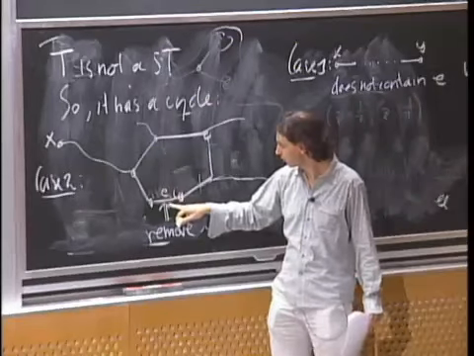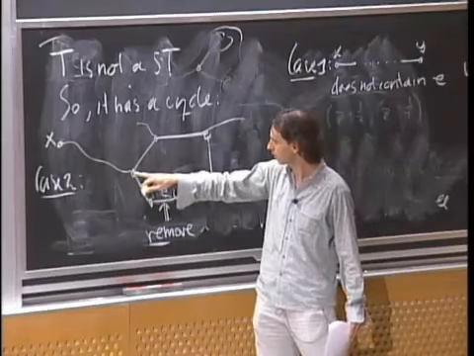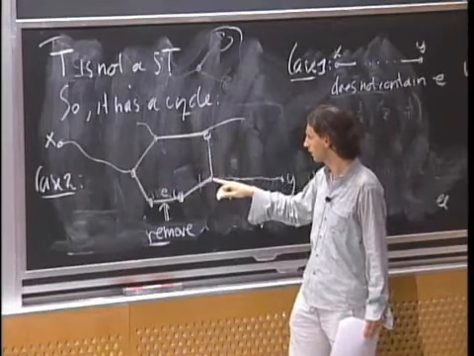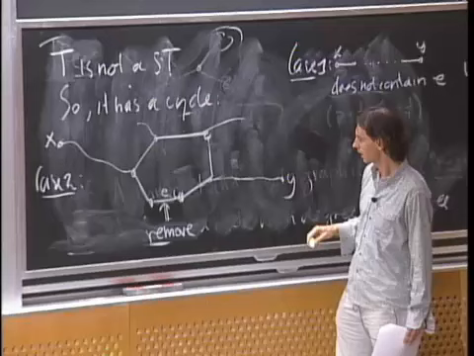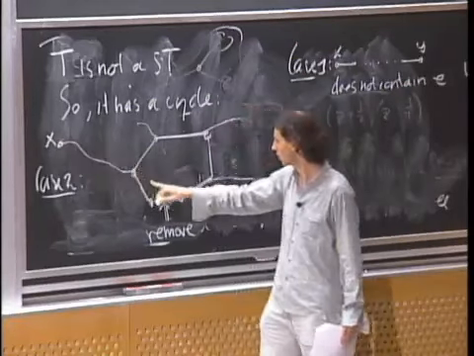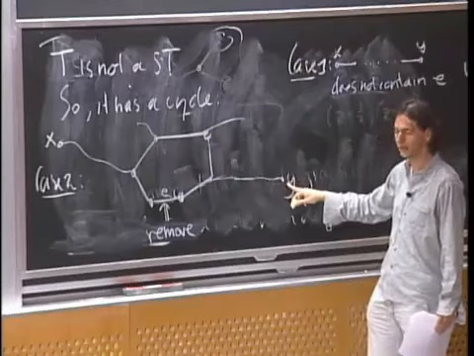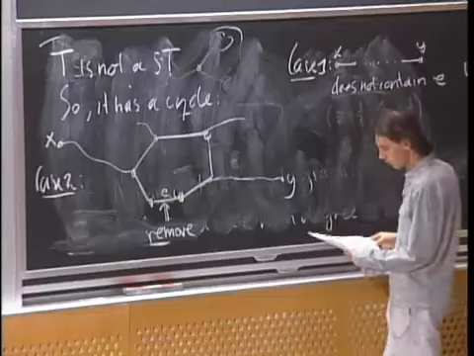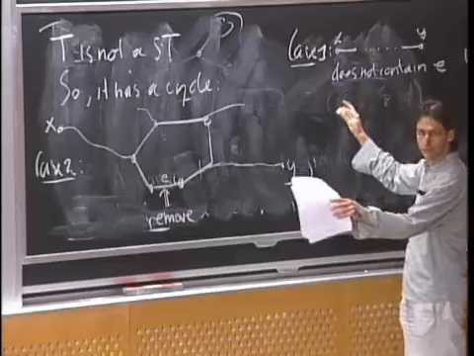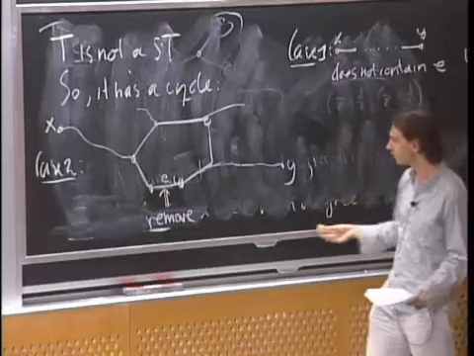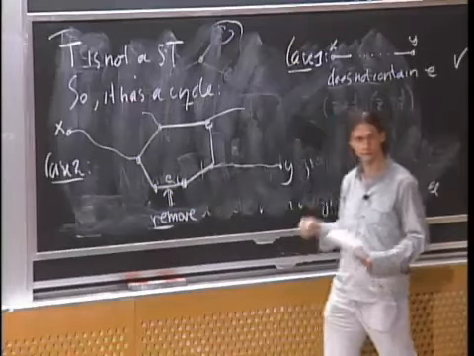Because I have removed e from a cycle, so I can still go in the other direction of the cycle and connect back towards y. So x can go all the way to here, but it can still go over the cycle back to here and then to y. So we are still connected. This shows that in both of the cases, for any pair of vertices, even after removal of e, the graph T minus this edge e is still connected.